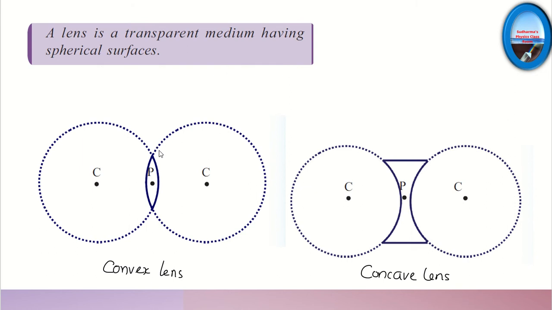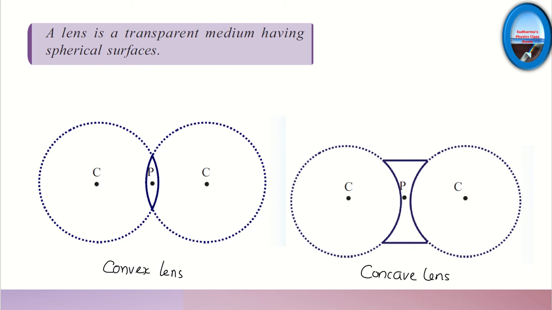Each refracting surface is a part of a complete sphere, which is a refracting material. So if you keep two refracting spherical surfaces like this and cut it like this, you will get the convex lens. And if you have a transparent medium here, that will give you the concave lens. So here we have the convex lens and the concave lens.